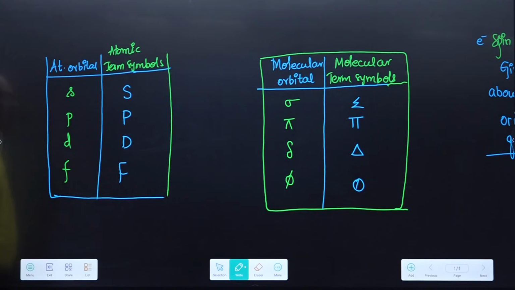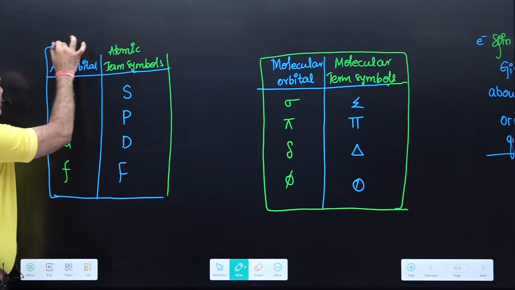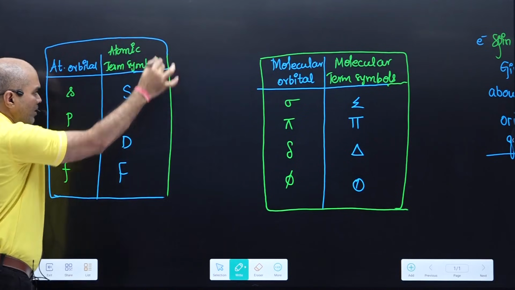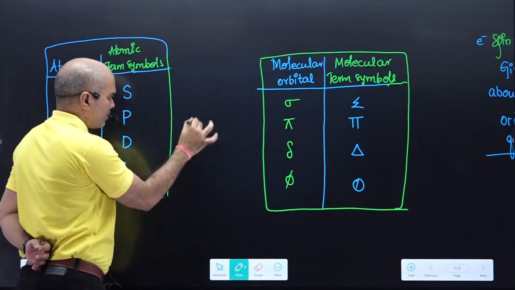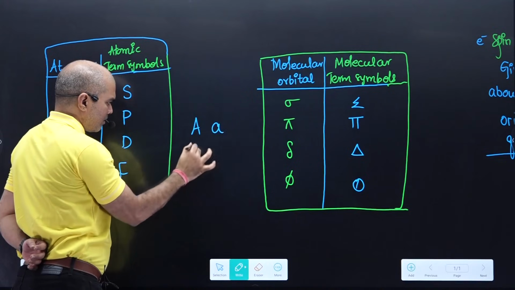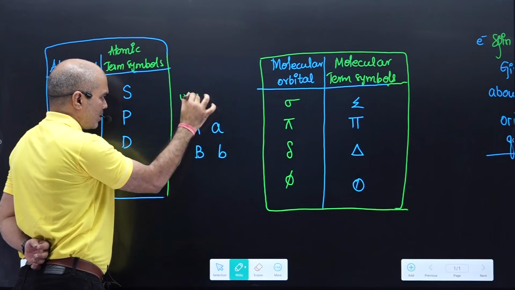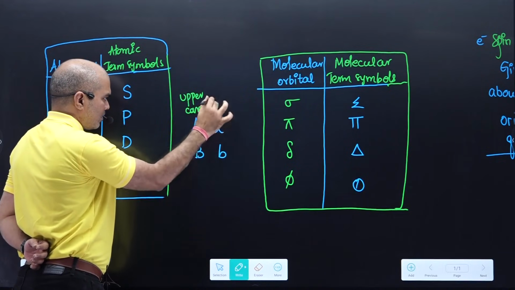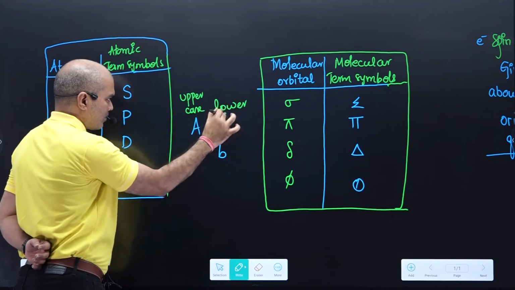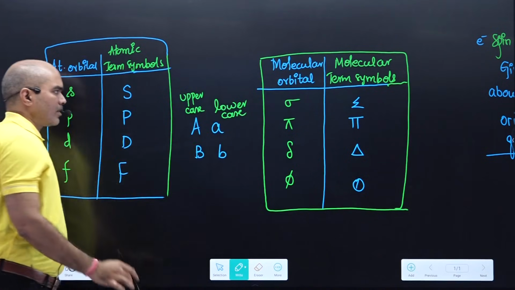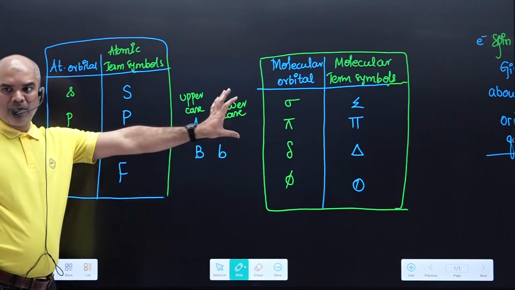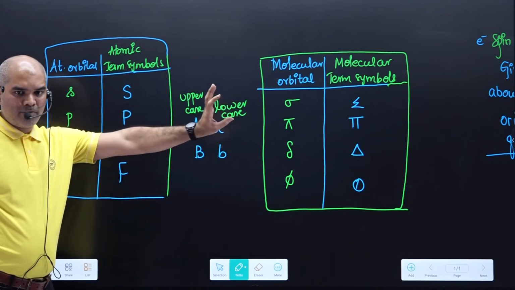In Greek alphabets, alpha, beta, gamma, delta, just as you have English alphabets, these alphabets are uppercase, these are lowercase. So in a similar way, even in Greek you have uppercase and lowercase alphabets.